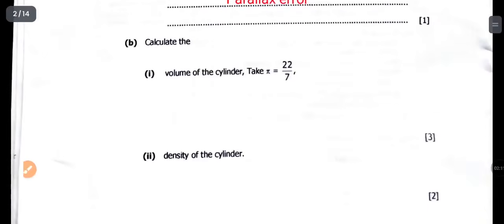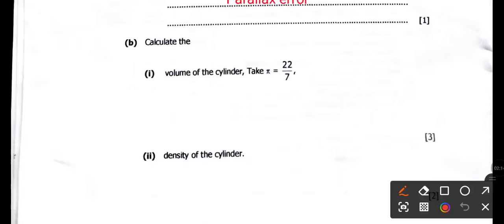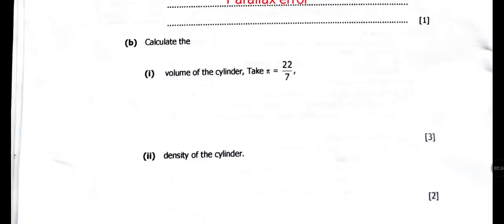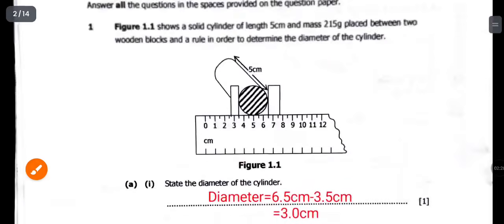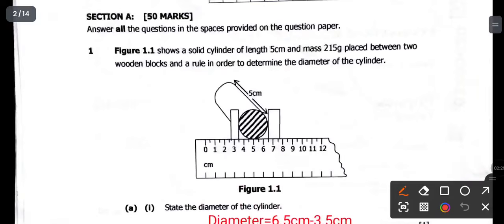Question B, calculate the number 1 volume of the cylinder. To calculate the volume of the cylinder, we simply use this formula: V is equal to pi r squared h. We're given much data here. We have the h as being 5.